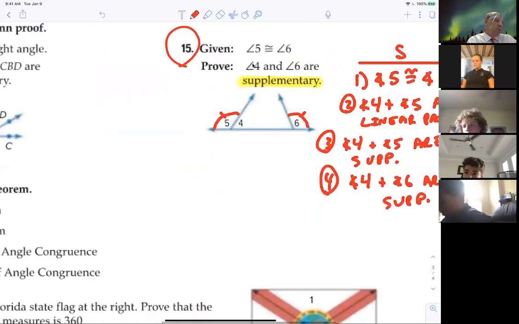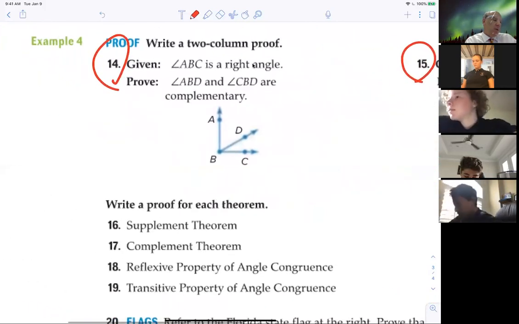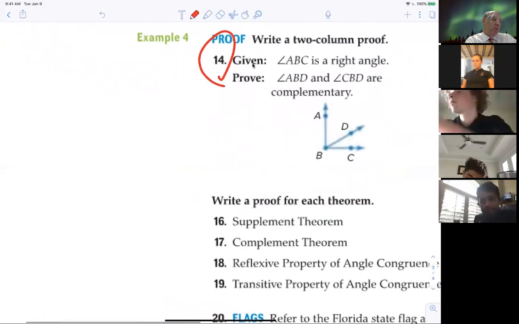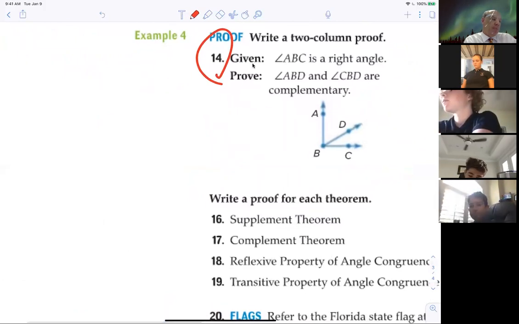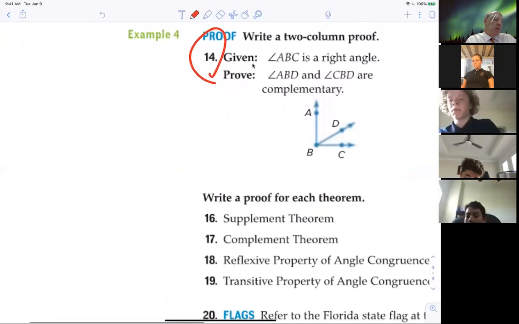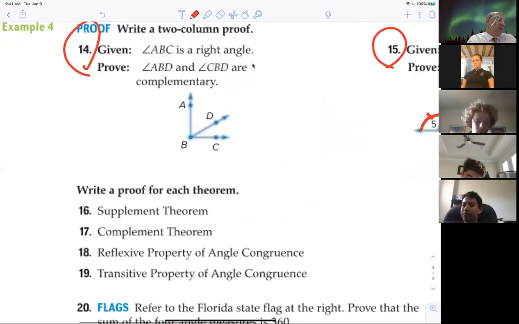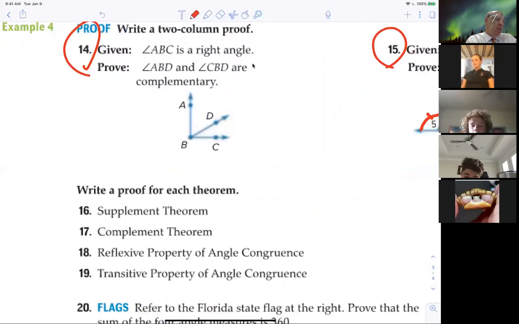Can we do 14? Yeah, we can do it, but Morty, tell me this. If ABC is a right angle, then angle ABC is 90 degrees, right?